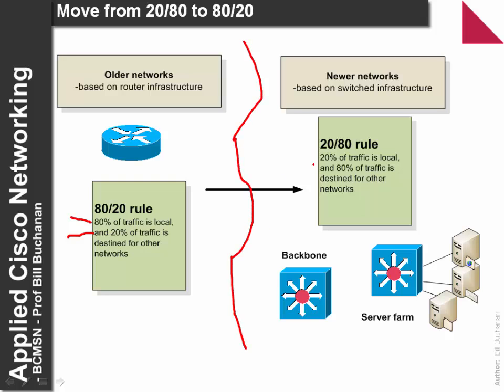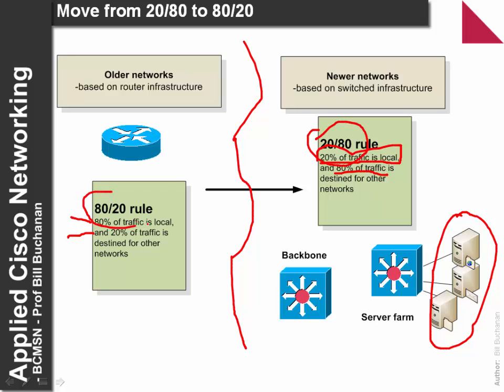These days, much more traffic is destined for external servers, such as on a server farm or a DMZ, or for the internet. So there is a move towards 80% of the traffic being destined for other networks and only 20% being local. So this leads to the 20/80 rule as opposed to the 80/20 rule.